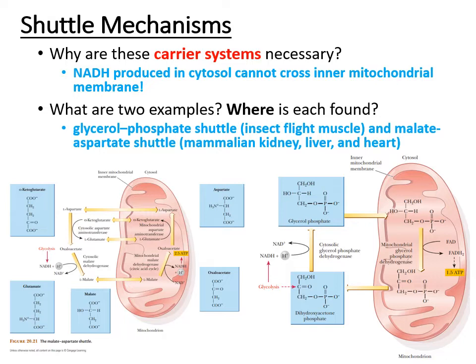Now, unfortunately, NADH that's been produced in the cytosol by glycolysis cannot cross the mitochondrial membrane on its own. Okay? Instead, you need to have electrons transferred to a carrier to allow them to cross the membrane and make it to the electron transport chain. So these carriers are very important in the process in terms of the electron transport chain and ultimately ATP synthesis, right?